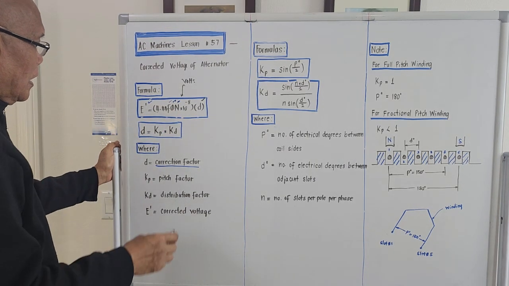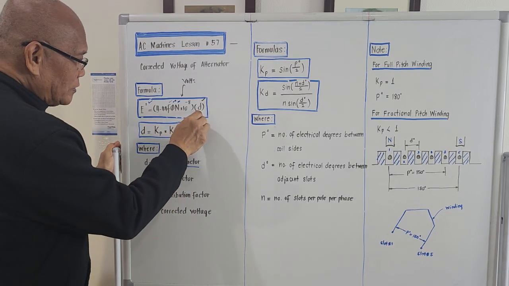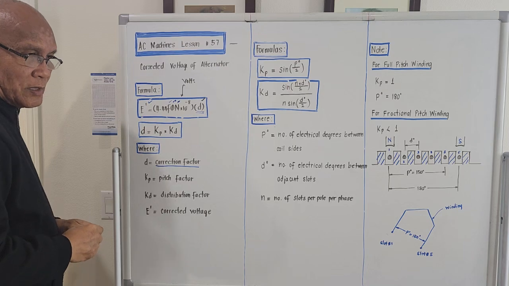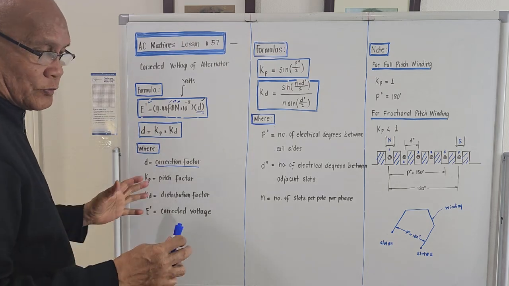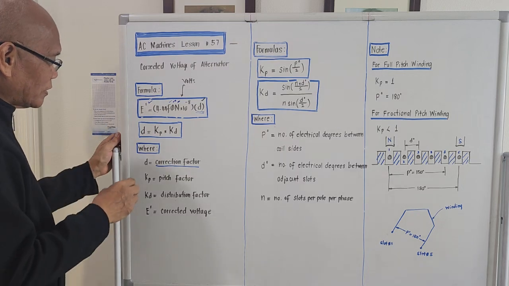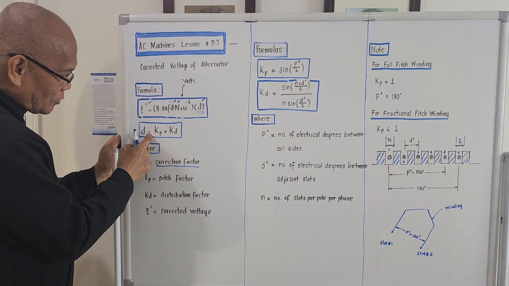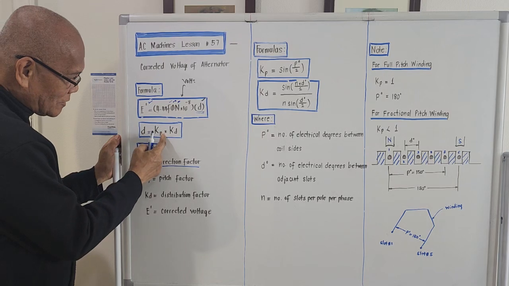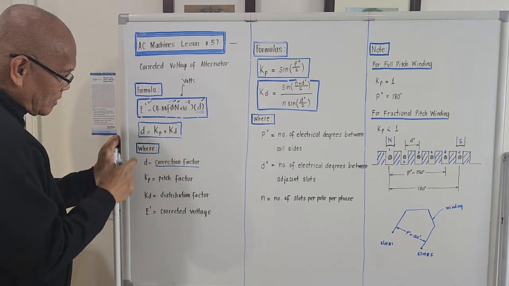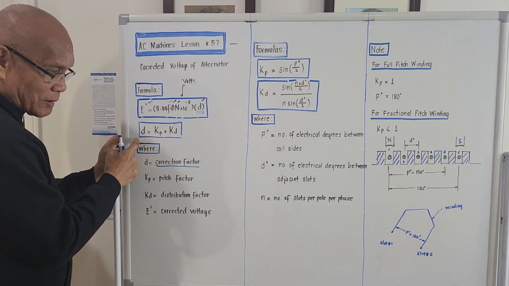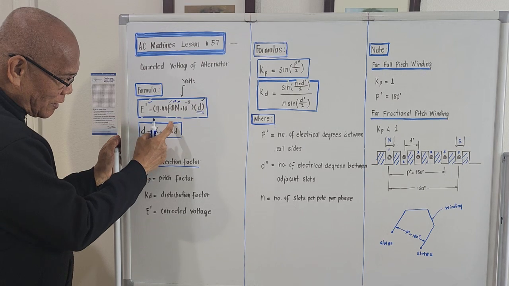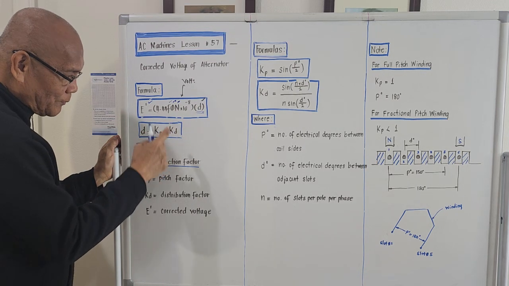This value D actually is a very complicated thing because it contains two components. These two components are the product of capital letter K with the subscript P times capital letter K with the subscript D. Meaning small letter d, the correction factor, is the product of K sub P times K sub D.